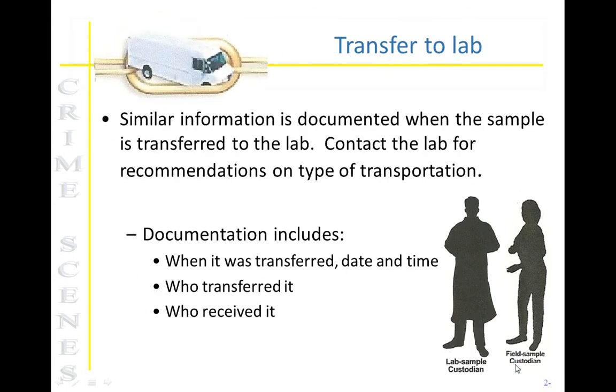And then similar documentation will also occur when that evidence is transferred to the laboratory. So the analyst or the custodian that's actually receiving it at the laboratory would also document the date and time that they received it, who they received it from, and who is the individual that's receiving the evidence.